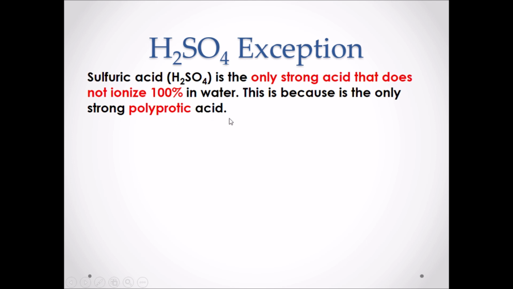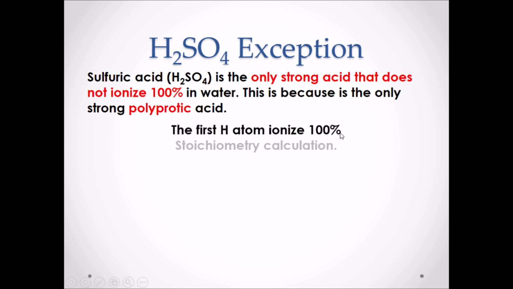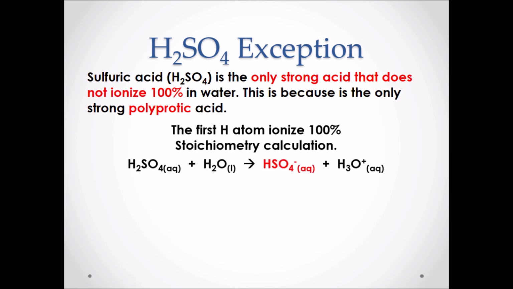It is pretty rare that a question will be asked regarding sulfuric acid, but the theory is the first hydrogen atom will ionize 100%. So therefore, a stoichiometry calculation can be used. But as a result, we are left with HSO4-, and this is a weak acid.